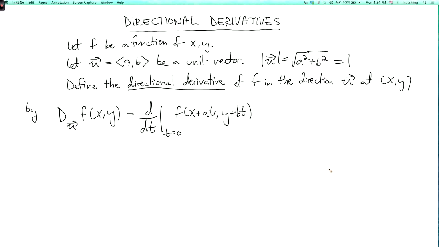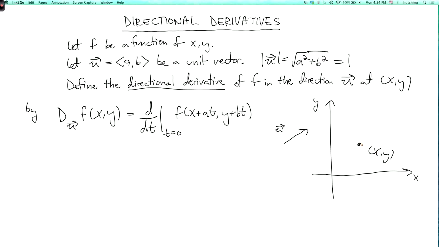So what this means geometrically is here's the xy plane. Here's the point xy. And let's say u looks like this. So what we're doing is we're adding t times u to the point xy.